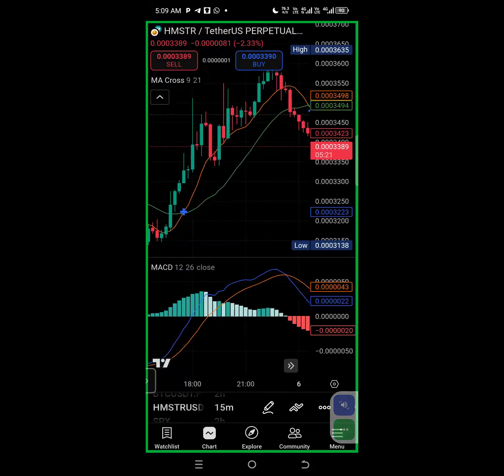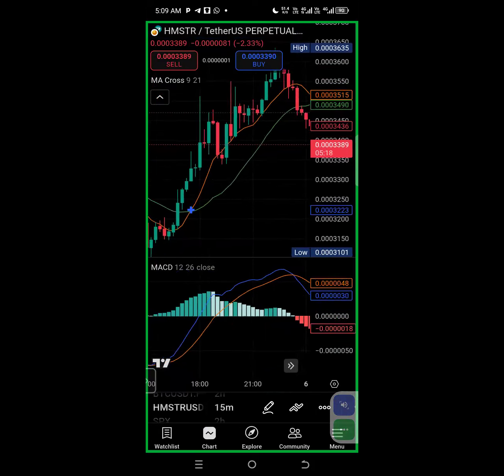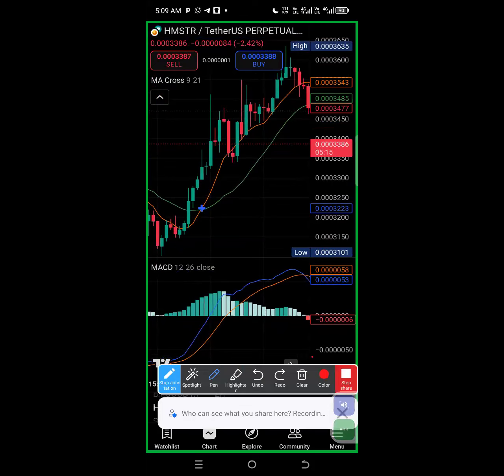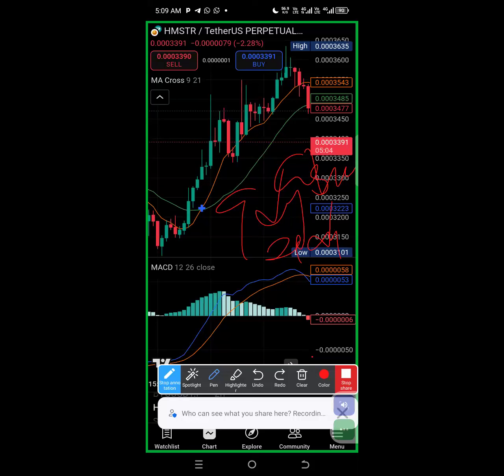We said if the short-term moving average, which is the 9-day moving average, crosses above the 21-day moving average, it indicates that the price is in an uptrend. This is the exact thing you can see from the moving average point of view.